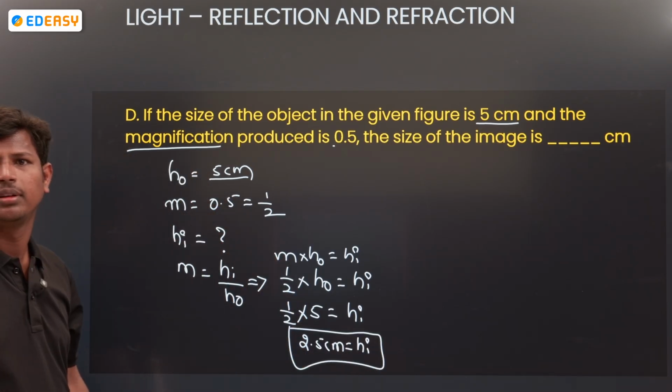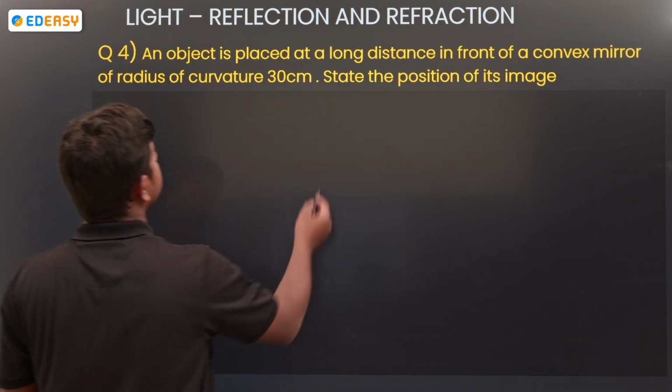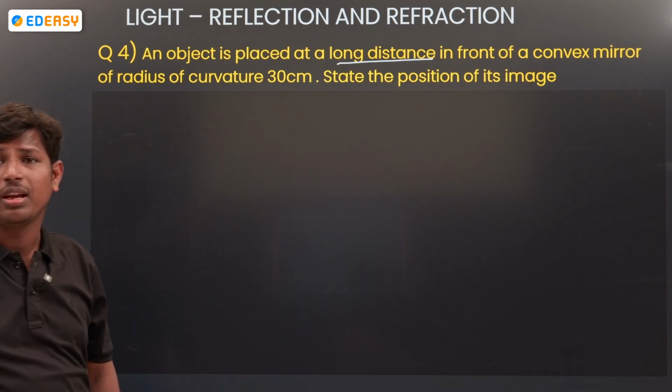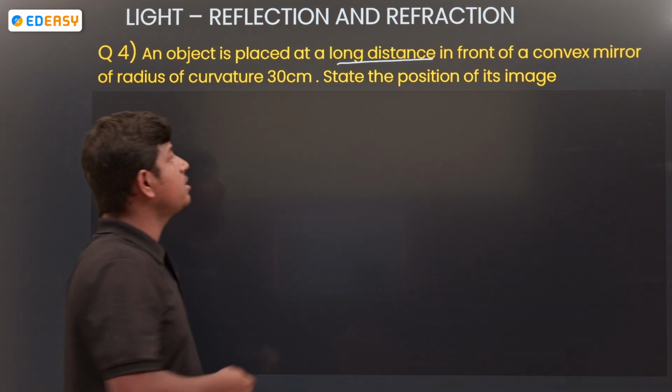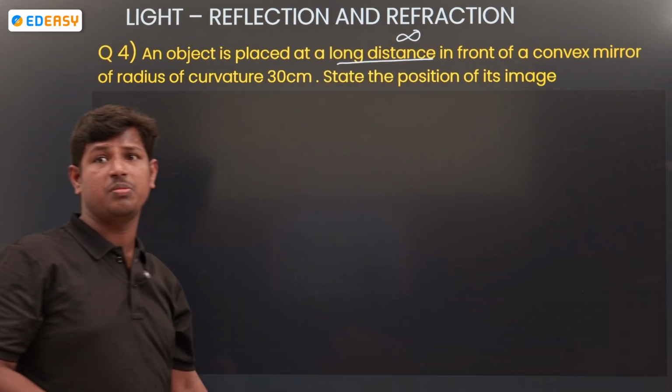Clear? Next, an object is placed at a long distance in front of a convex mirror. Where will the object be? Did they mention any distance? No. Then take infinity. Long distance means infinity only.